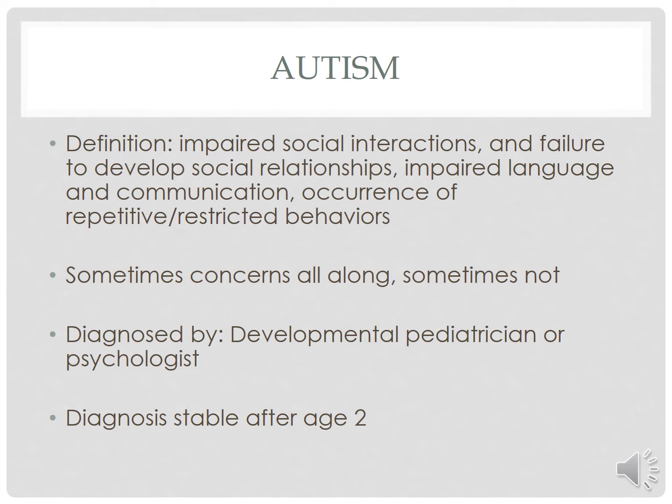Some children on the autism spectrum will be repetitive in their language. So impaired language and communication can include things like what we call scripting. Scripting is when children will verbatim repeat either a phrase someone else said or often a piece of a commercial. So sometimes when a child with autism gets upset, they'll say something like, "You'll be okay, you'll be okay, you'll be okay." That's because that's something they've heard somebody say to them.